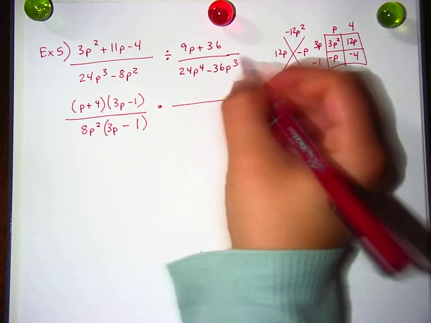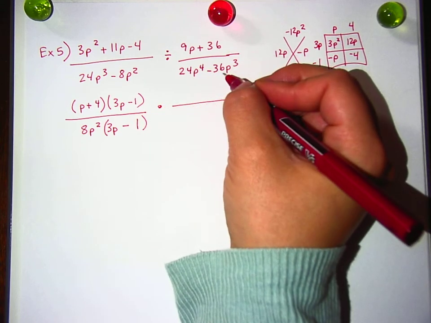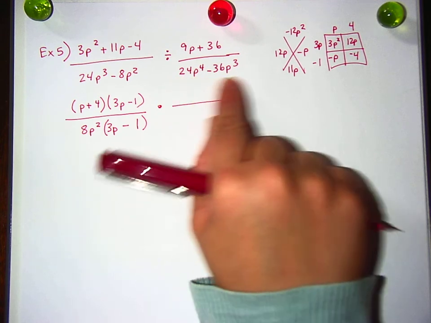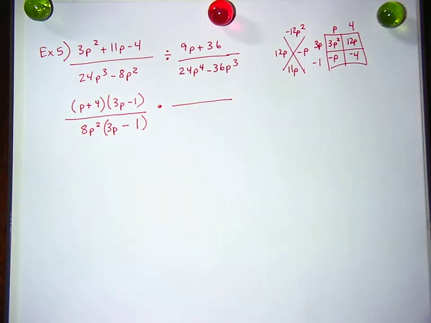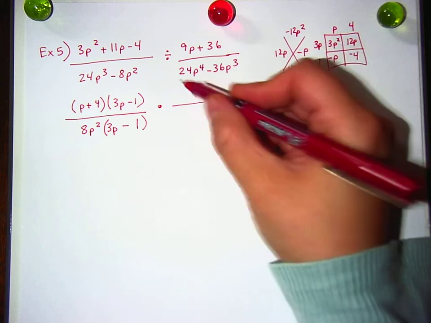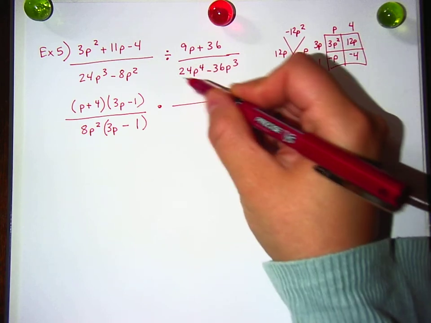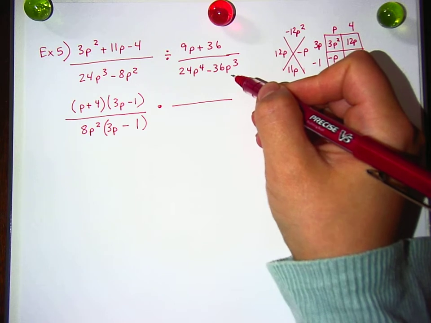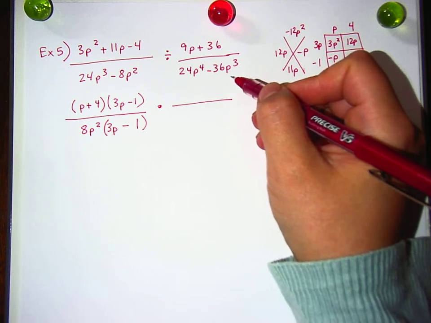Times... Now I'm going to factor and flip this at the same time. So the first thing I'm doing is that bottom part there. And remember, the reason why I'm flipping the second one and multiplying is because that's how you divide fractions. So out of this one, what can I take out? Let's see, 6, 12. I could take out a 12.